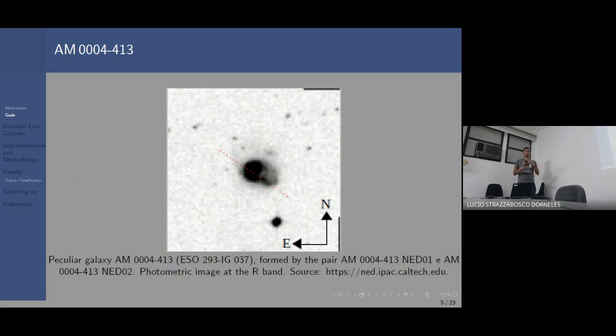We use the method of long slit spectra, where we use a slit to take an axis of the galaxy, and we cut this slit into a lot of little slits, giving little sections of this big slit, and we see the spectra of each section.